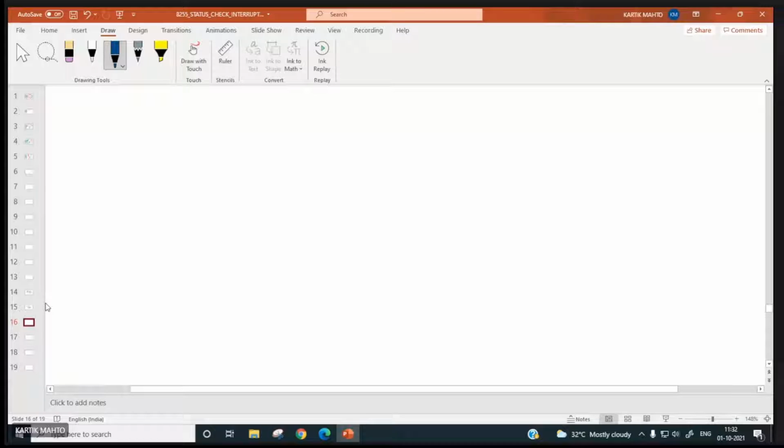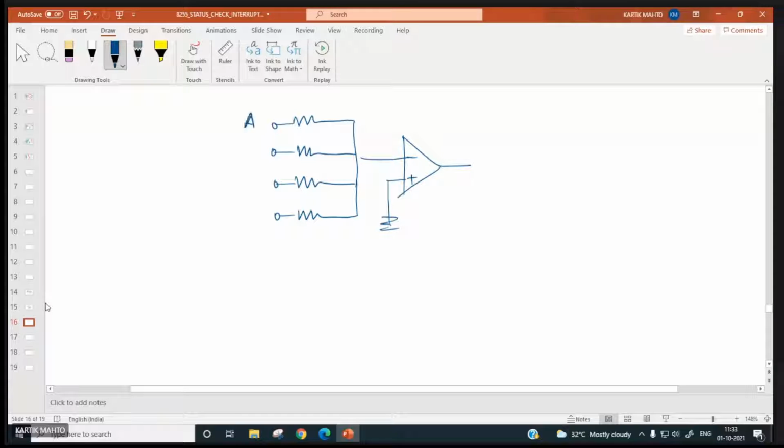Okay. So simply what I am saying is that you just see here one of the op-amp circuits I am creating here. And to this op-amp circuit I am simply giving A, B, C, D. Or here, actually, I should not write A, B, C, D. I should write here B0, B1, B2, and B3.